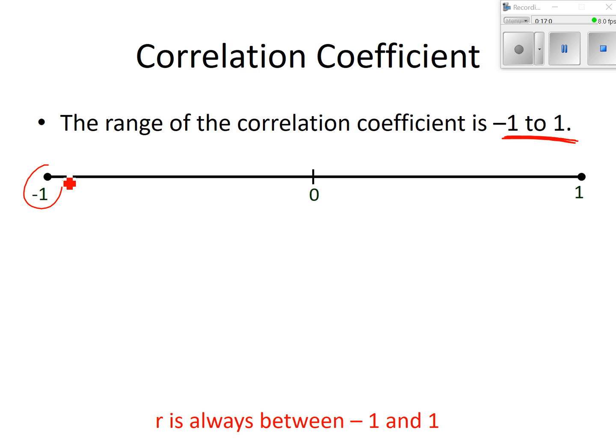Again, if it has an R that's -1, that would be a perfect negative correlation. If it has an R that's 1, then that's going to be a perfect positive correlation.